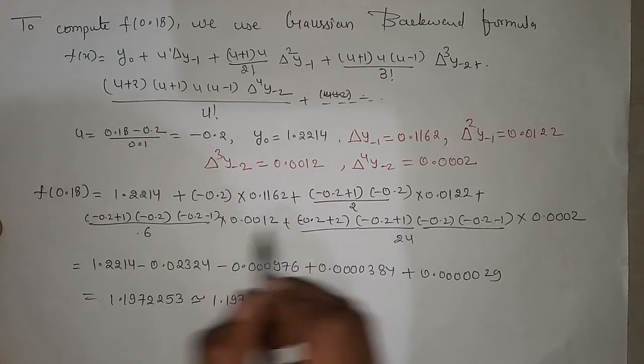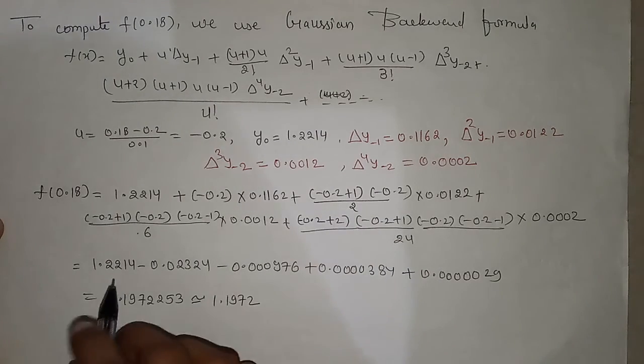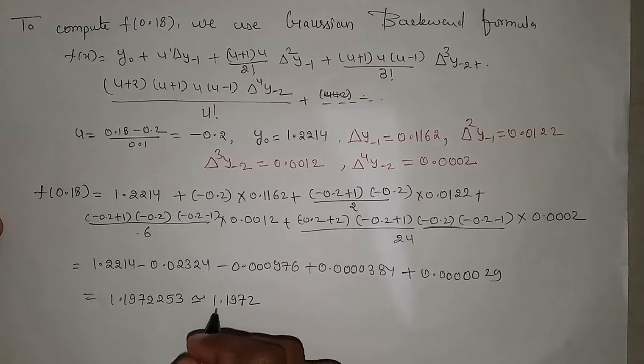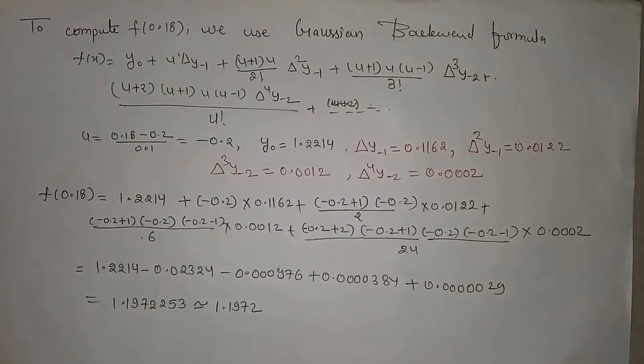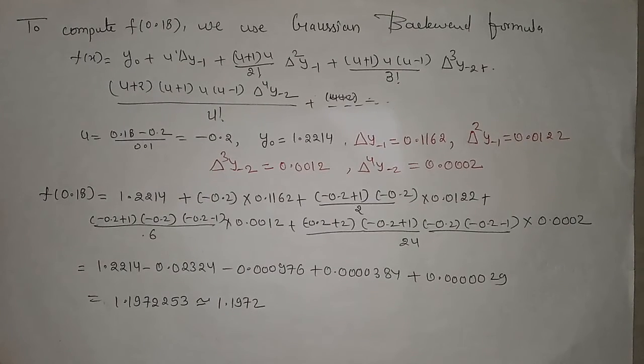If we put these values in the formula and do the calculation, we get the answer as 1.1972. So this is how we can solve a question using the Gaussian backward formula, to find f(0.18) and f(0.22) using the Gaussian forward and backward interpolation formulas.